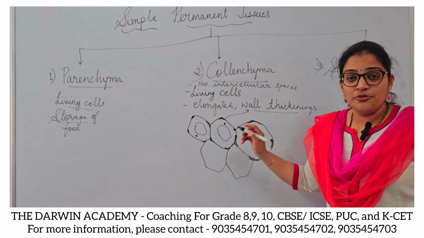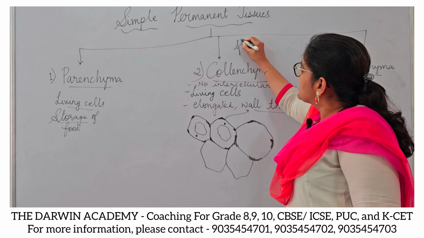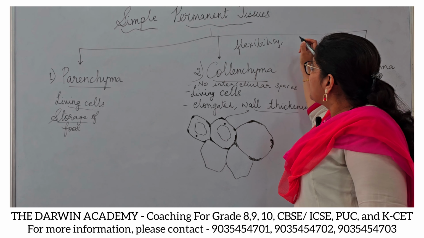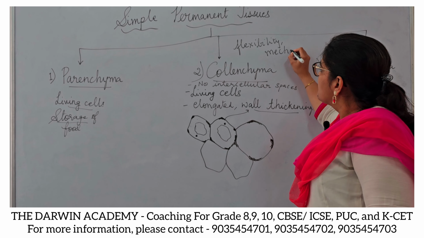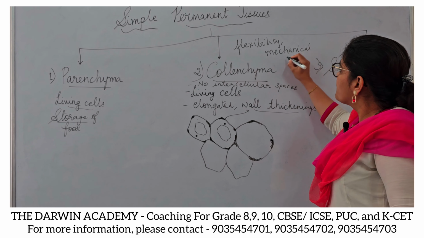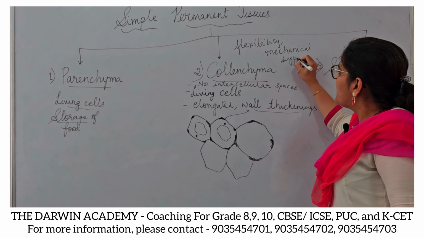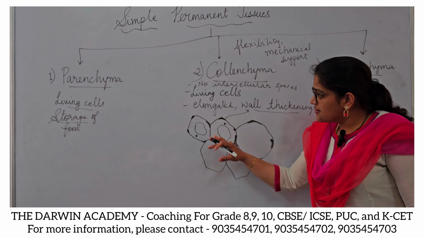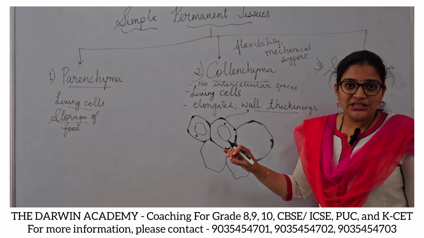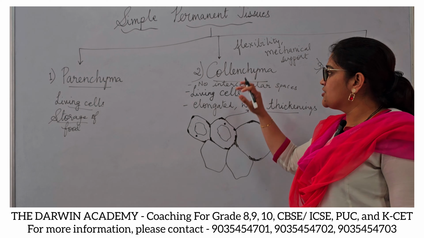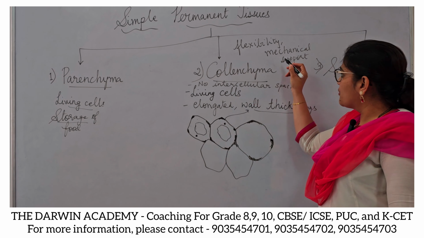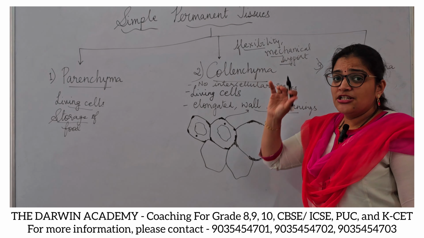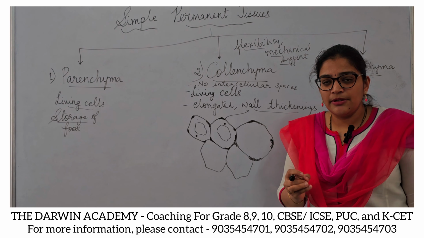My question was, why should there be wall thickenings only at angles? This is to provide flexibility and mechanical support to the plant. So these tissues, when they are present within any plant organ, provide mechanical support, and yet the plant organ will be flexible.